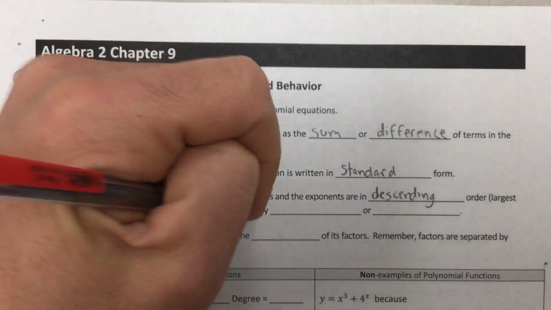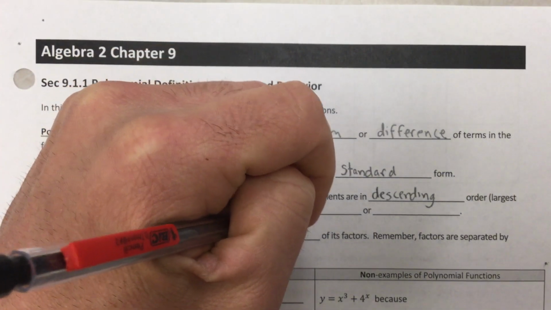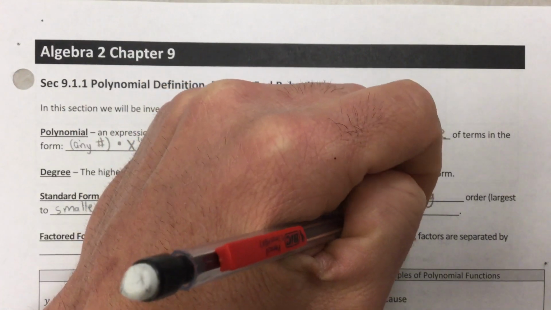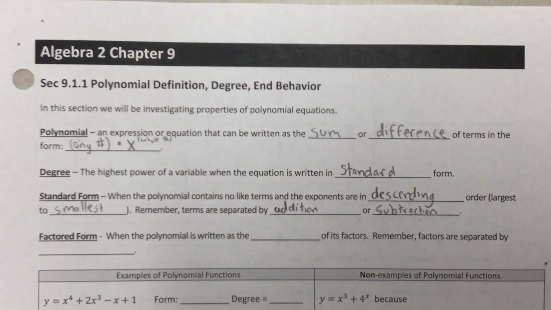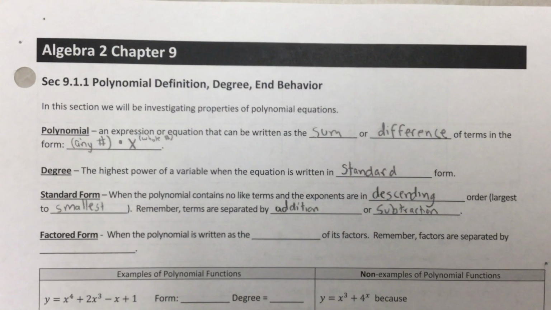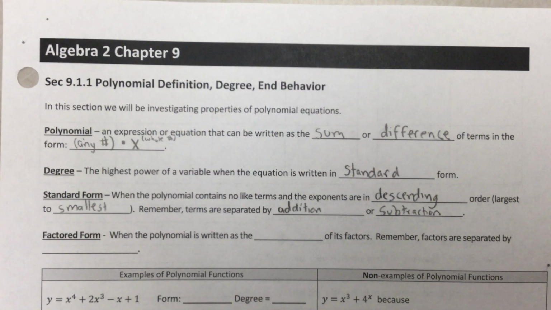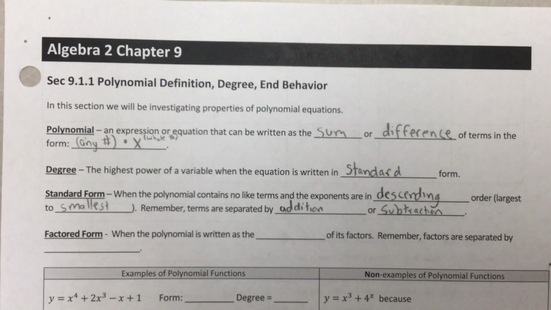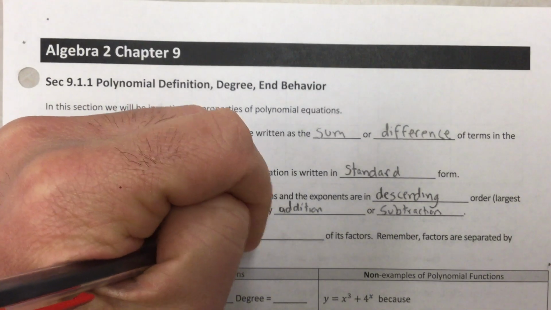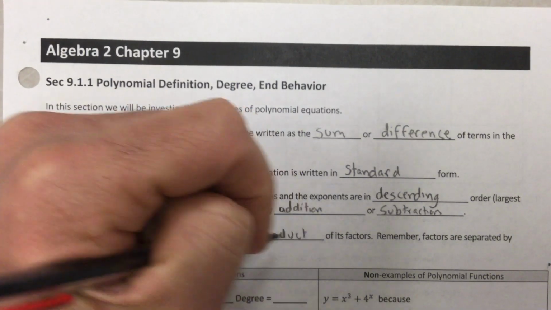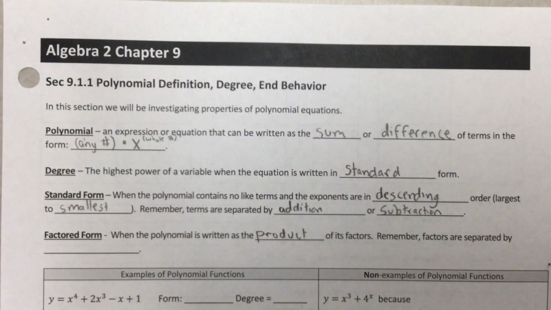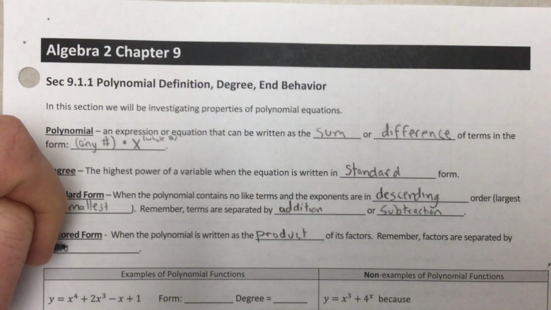Just remember, terms are separated by addition or subtraction. And then factored form is when the polynomial is written as the product of its factors. Remember, factors are separated by multiplication.